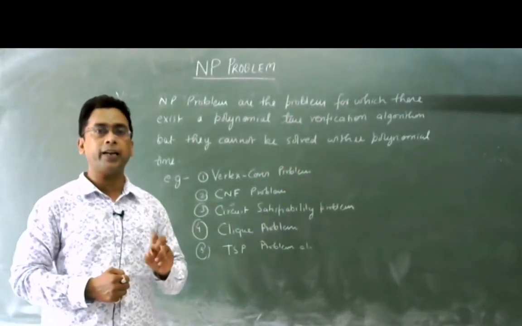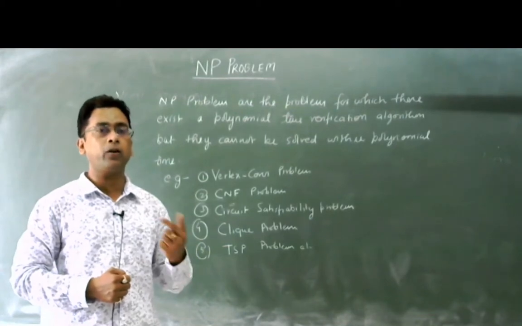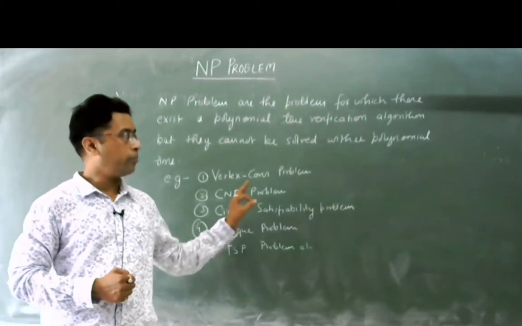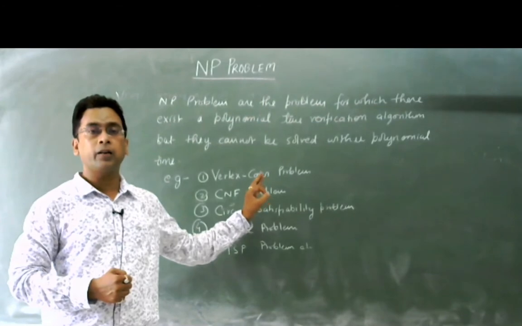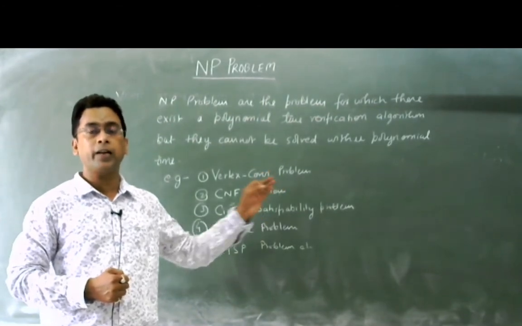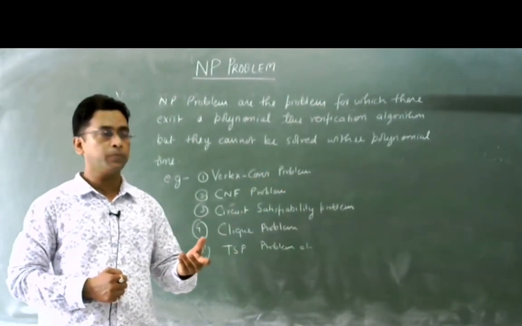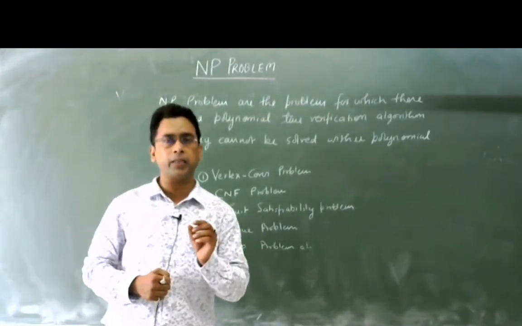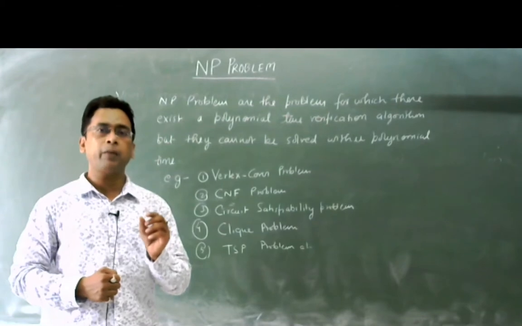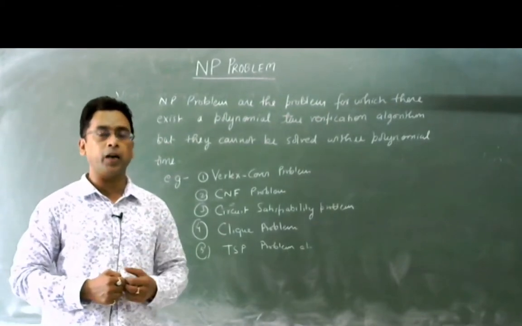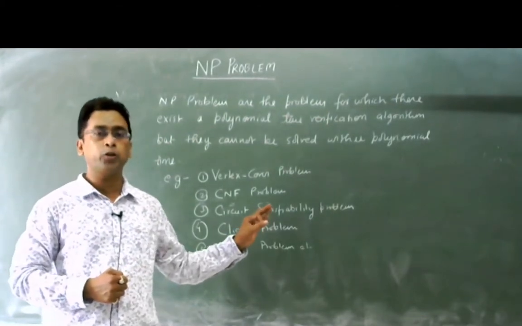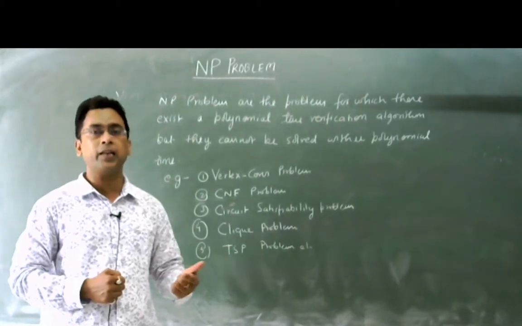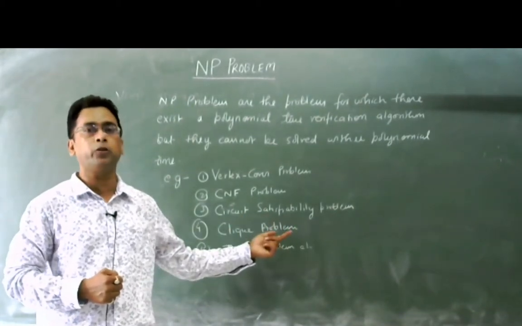So the difference is that you can verify the result, but you cannot claim that every time you will get the solution within polynomial time, because there are certain steps in the algorithm which are based on a guess or on where you start. If your guesses are always correct, then you will get the solution within polynomial time.